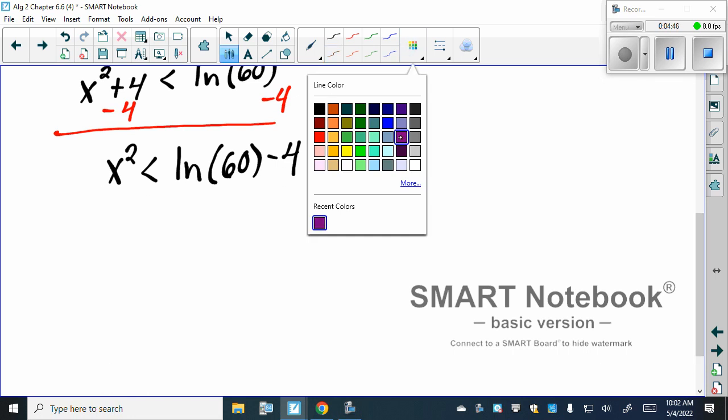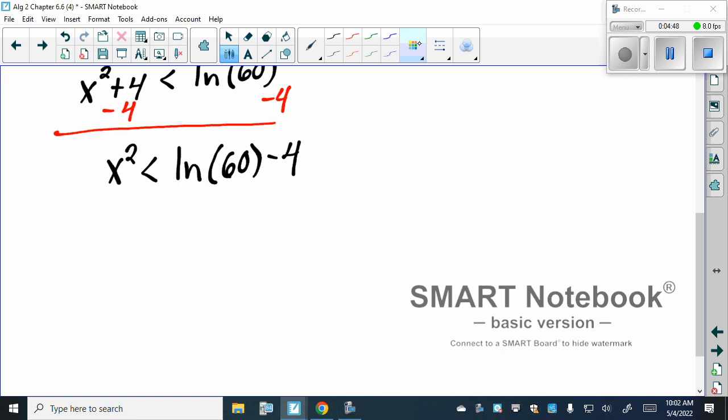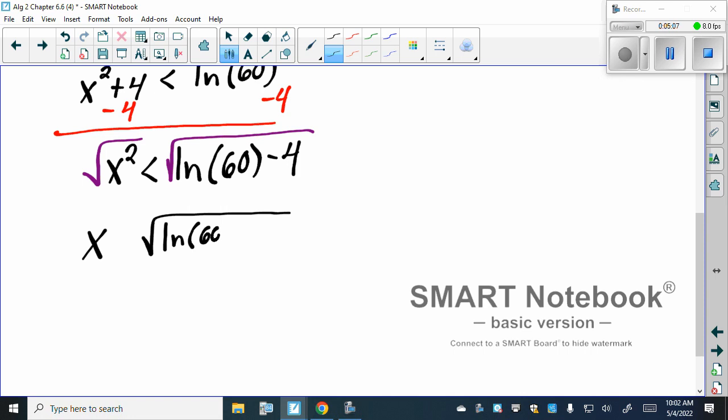No. Let's use that purple. What do we need to do next? Square root both sides. Square root of x squared is x. And over here we'll have the square root of the natural log of 60 minus 4, yes?